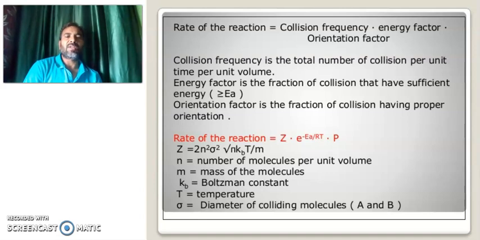The orientation factor is the fraction of collisions having proper orientation. The rate of reaction is Z times e to the power minus Ea by RT times P. Z is equal to 2 n squared sigma squared square root of (k_B T by m), where n is the number of molecules per unit volume, m is the mass of the molecules, k_B is the Boltzmann constant, T is temperature, and sigma is the diameter of the colliding molecules.